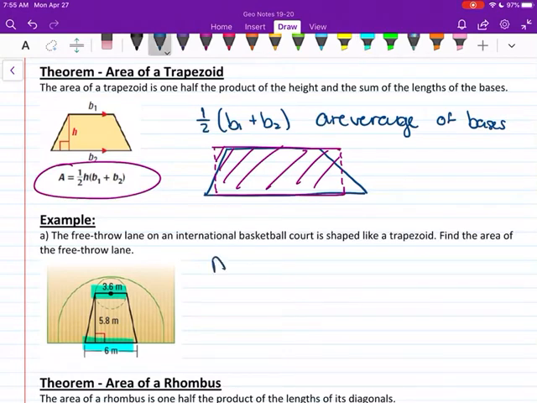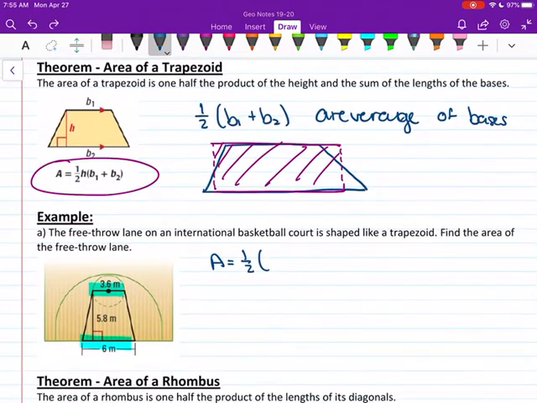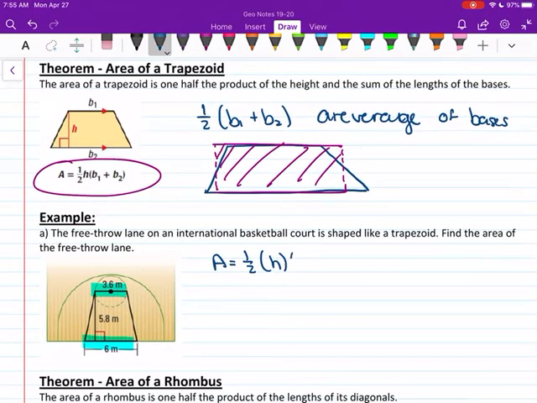So area, I'm going to write down my formula again, is 1/2 times the height times the sum of the bases. My height is the perpendicular distance, so that's 5.8 meters. Then my base 1 is 3.6, and base 2 is 6.